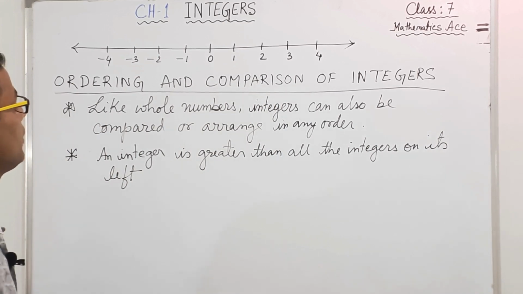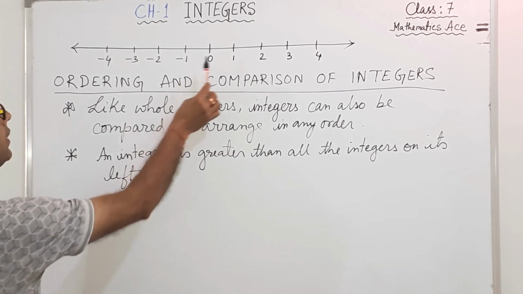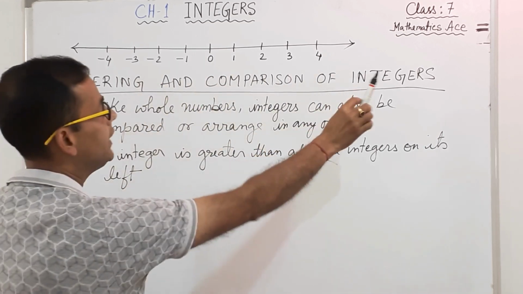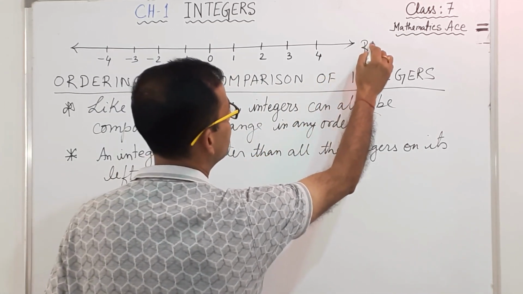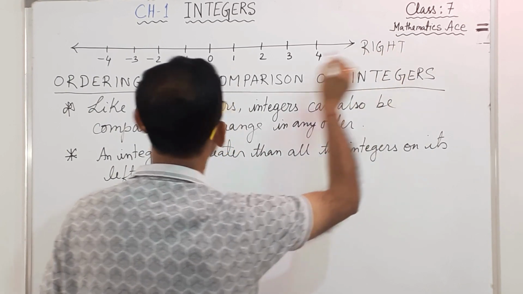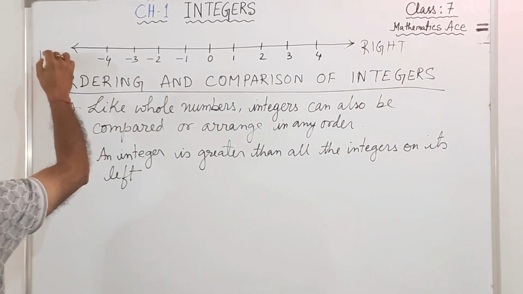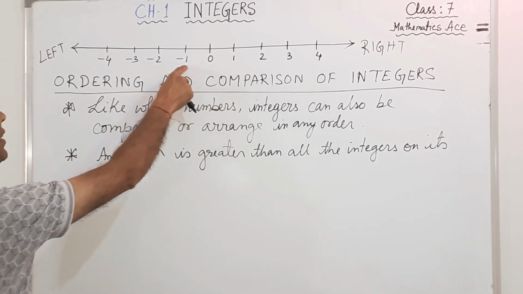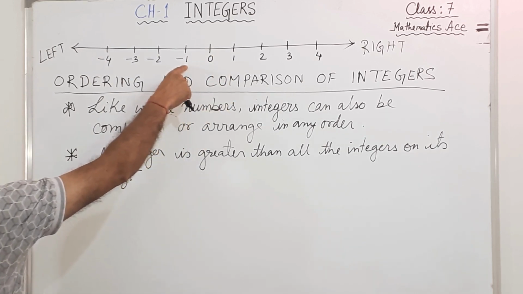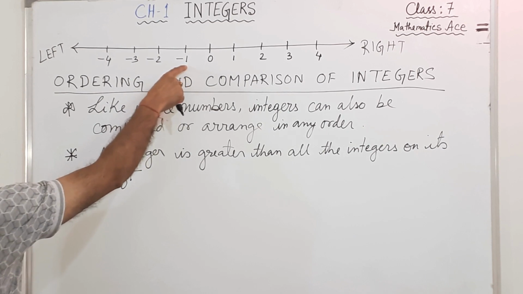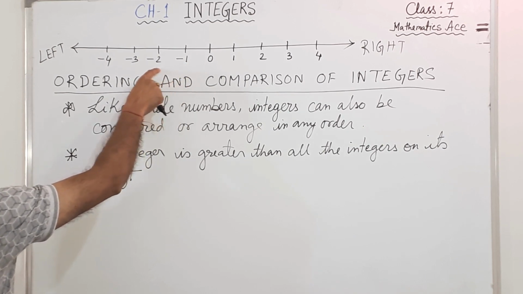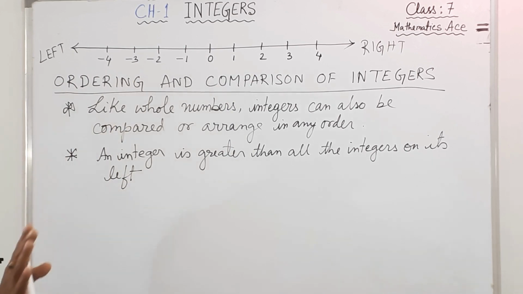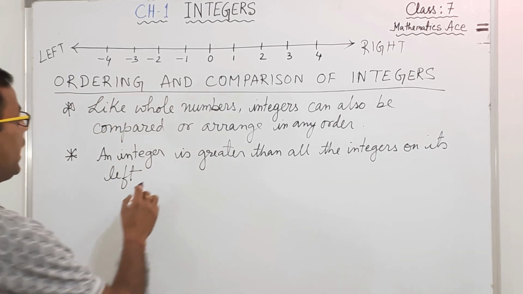This is a very important point. That means if I take an integer, this side is left, this side is right. Let me write, this is the right side, this is the left side. Any integer you take, if you take minus 1, then minus 1 is always greater than all the integers on its left side. The integers on the left are minus 2, minus 3, minus 4, so it is greater. Clear now?